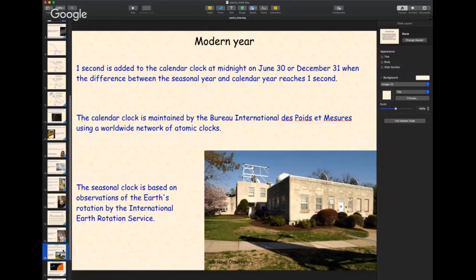And so you may have read somewhere that there's going to be an extra second in the year. And that's done on June 30th or December 31st. That's fine. This system was pretty much set up before the serious advent of computers.